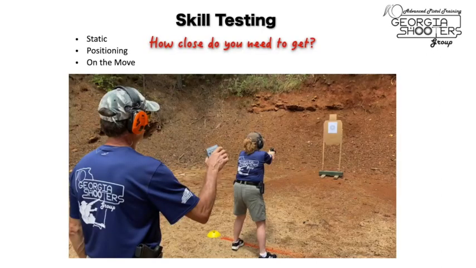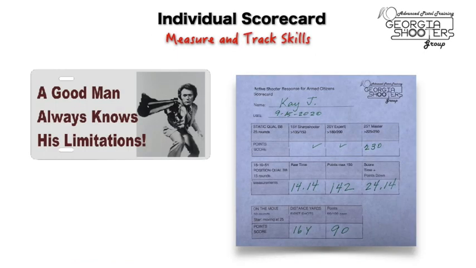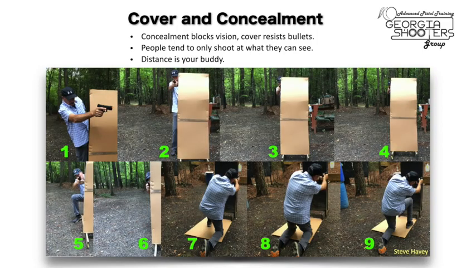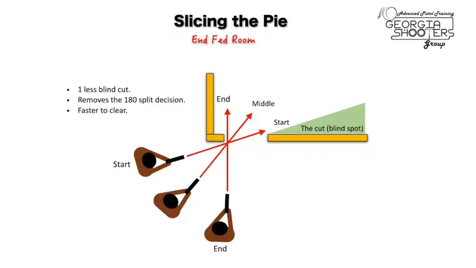We're on the range building our skills and measuring those skills so we have an individual scorecard, so we know our capabilities and our limitations that we can apply to our response plan. We learn how to use cover and concealment properly, how to work our way through doorways and structures and not make some of the most common mistakes.